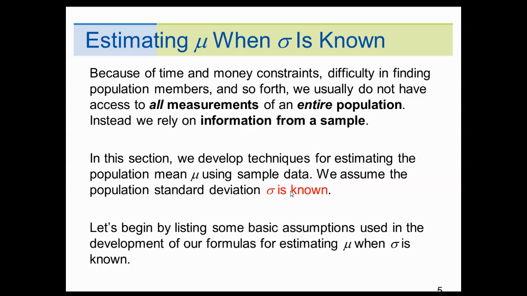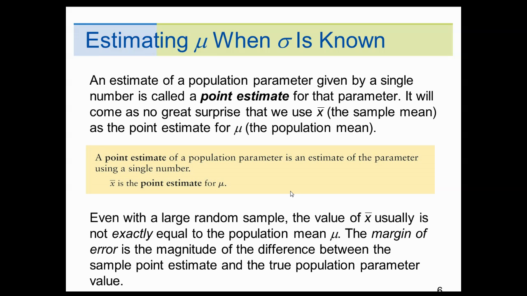So let's begin by listing some basic assumptions used in the development of the formulas for estimating mu when sigma is known. The estimate of a population parameter given by a single number is called a point estimate. It comes as no great surprise that the mean of the sample is going to be an estimate for the mean of the entire population. We call that a point estimate. It's X bar, the mean of the sample.